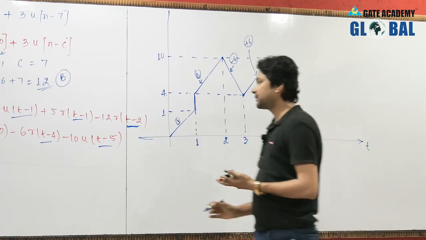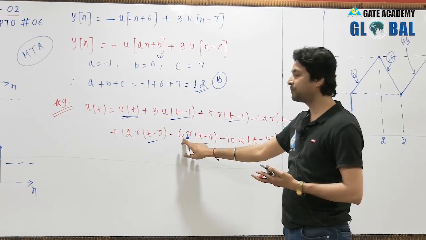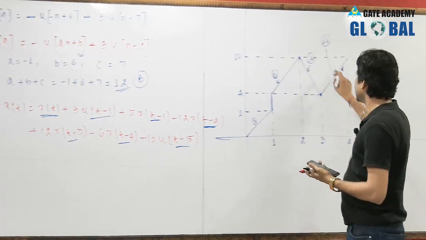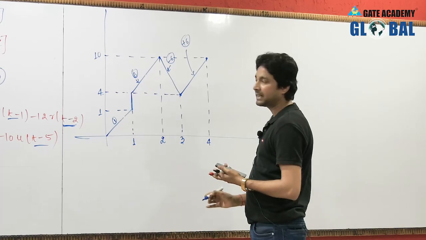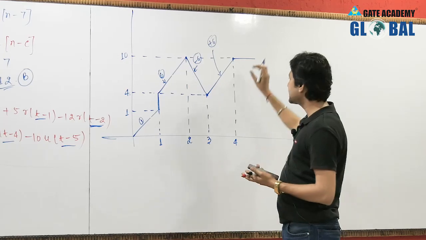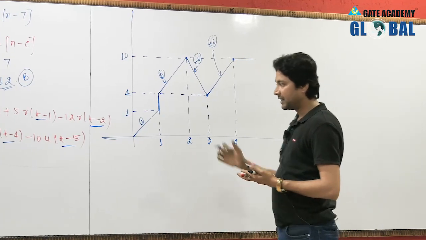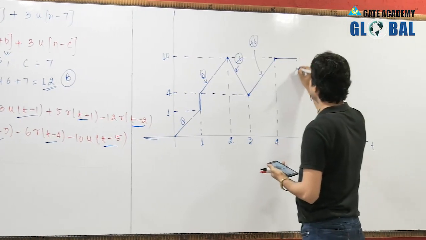Now, after t equals 4 seconds, what happened? Another ramp is occurring having slope minus 6. So, before the slope is plus 6 and a ramp occurred at this point having slope minus 6, therefore, after this point, the signal will get constant because the value of its slope is 0. Until where? Up to t equals 5 seconds.